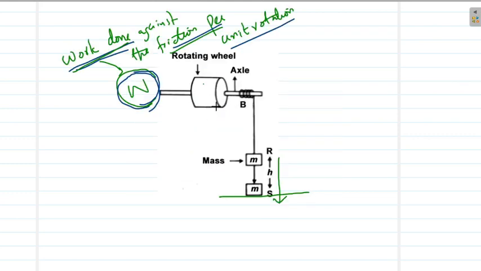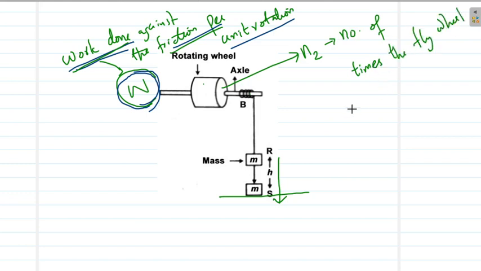So after some rotations, the wheel will come back to rest, which was its initial position. That is actually due to the loss of kinetic energy against the friction. So suppose N2 is the number of times the flywheel makes rotations after the mass M is detached and before it comes to rest.